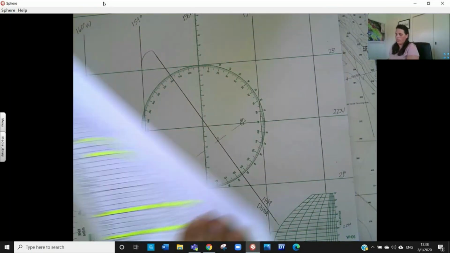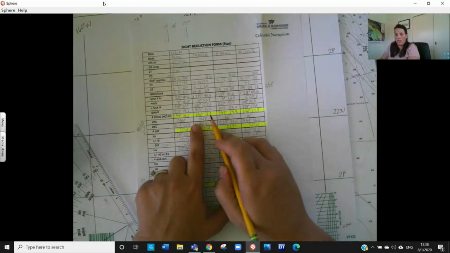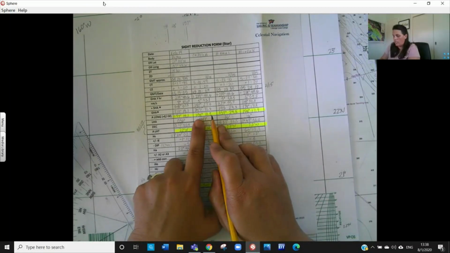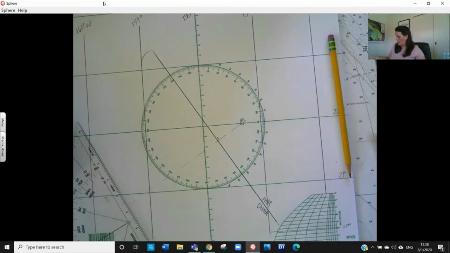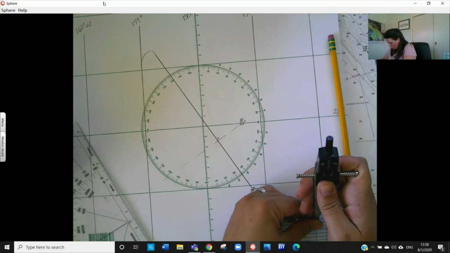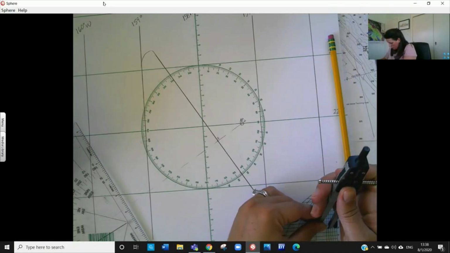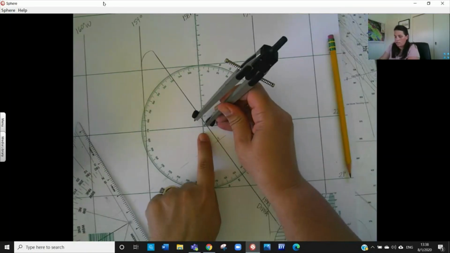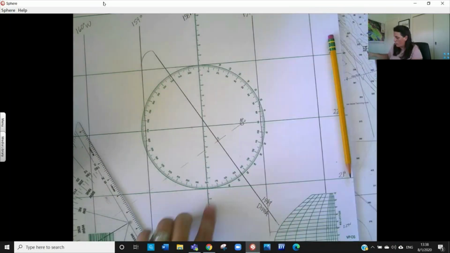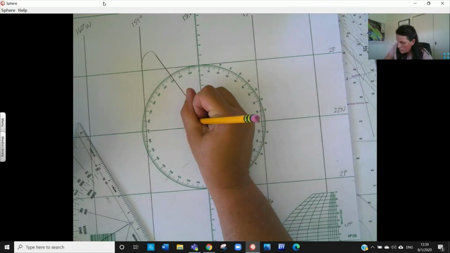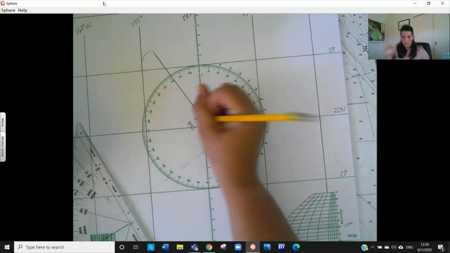I need to plot my next one. This same latitude for my assumed position. This longitude was 158, 11.2. So I need to plot that. So 158, 11.2. I have my assumed position for Capella.